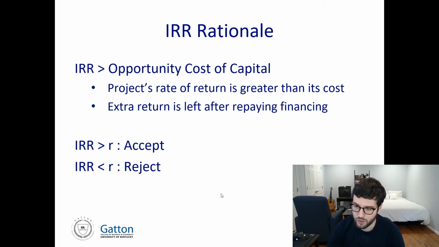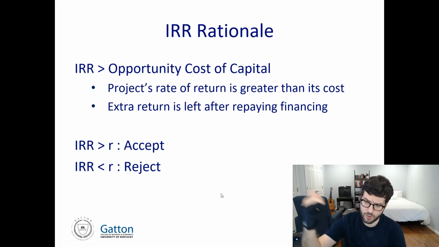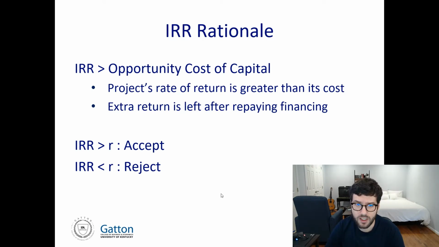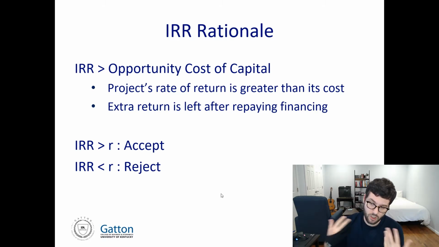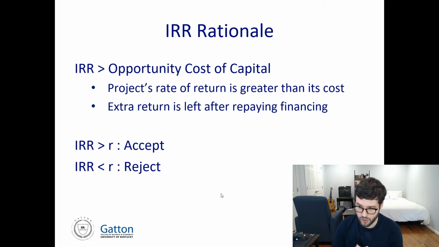The return of your project is larger than the cost of capturing funds in the industry. However, if the internal rate of return is smaller than the cost of capital, then investing in a project does not make sense, because the return of your project is smaller than the return of similar projects with similar risks in the market.